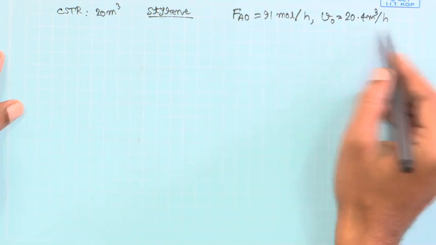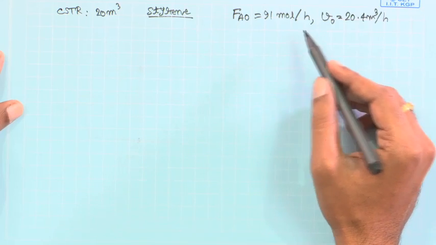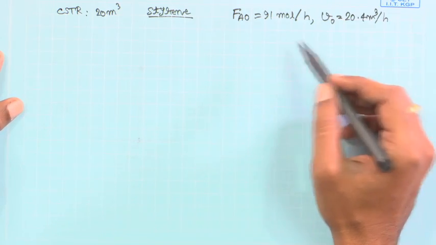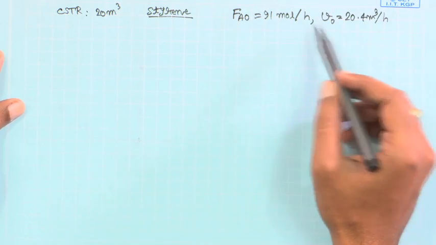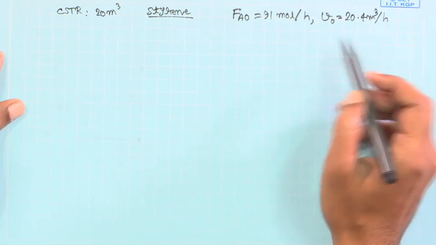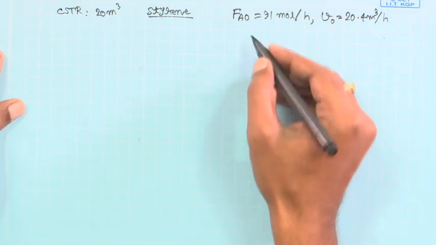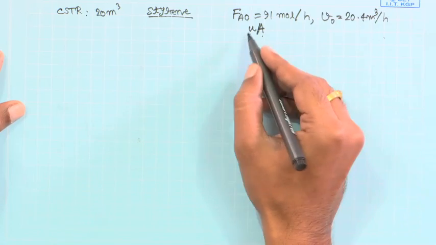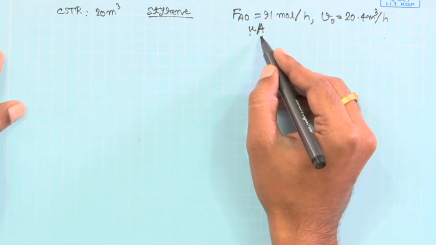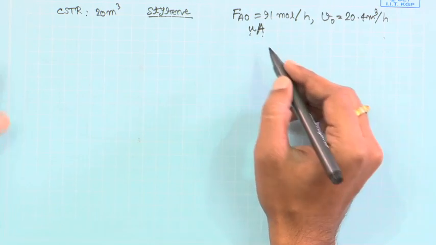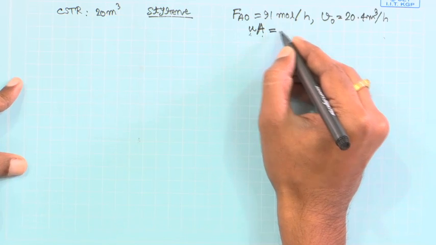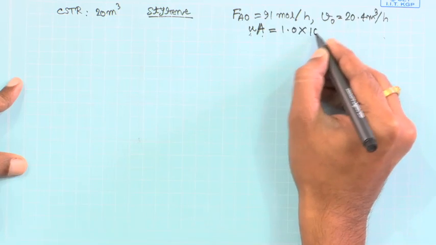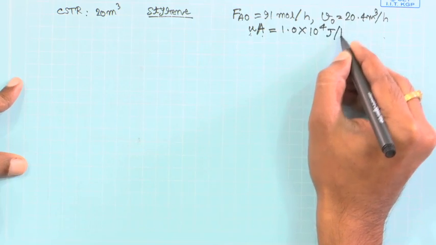Now, these things I have optimized to demonstrate the concept that I have already shown in the previous problem. Now, these things of course, you can also control. This is user controlled, and the heat transfer characteristics is like this: U into A. U is the heat transfer coefficient, A is the area over which the heat transfer occurs, that is equal to 1 into 10 to the power 4 joules per hour Kelvin.